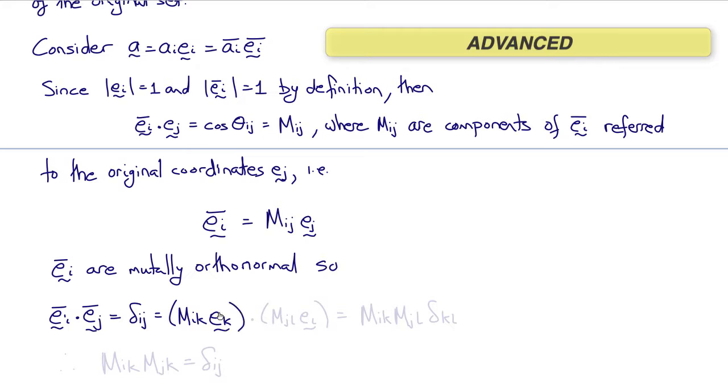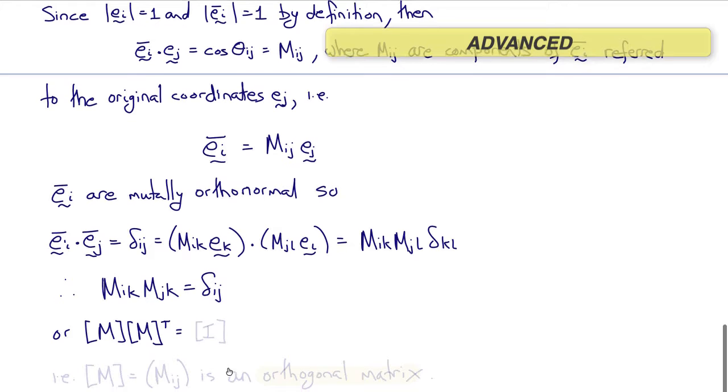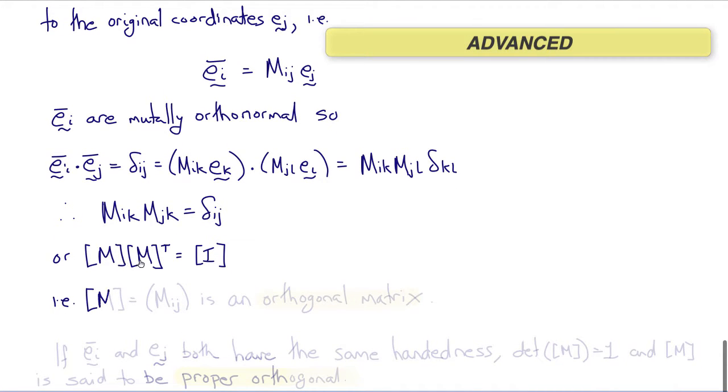Using this expression, that gives us M_ik e_k dotted with M_jl e_l, which, rearranging, is M_ik times M_jl times e_k dot e_l, which is delta_kl. Now, delta_kl just turns k into an l or l into a k, which simplifies to M_ik M_jk, which equals delta_ij. Or, in matrix notation, M times M transpose equals I.